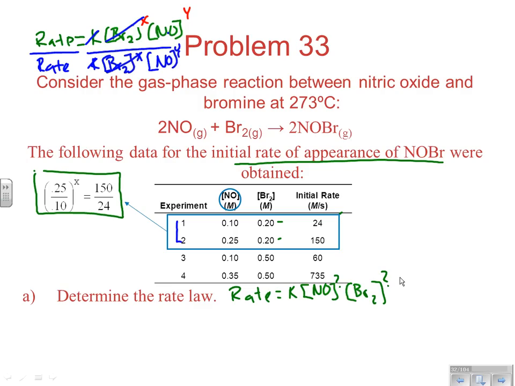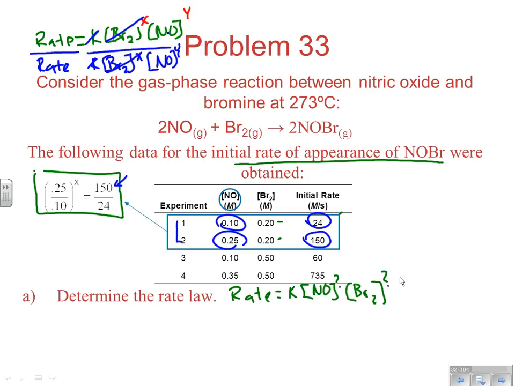Now, the way I set it up so I had big numbers on top is I put experiment 2. So notice it's the 150 that's on top, and that would be 0.25 to some power, x or y. In this case, I left it as just the universal constant x here. And then for experiment 1, it would be 24 and 0.1.